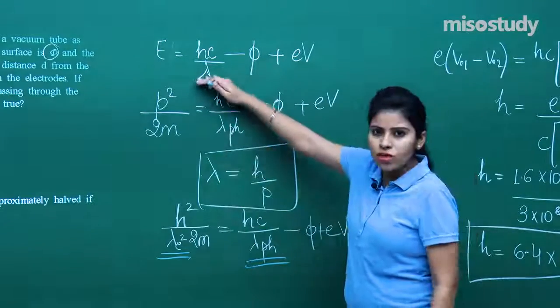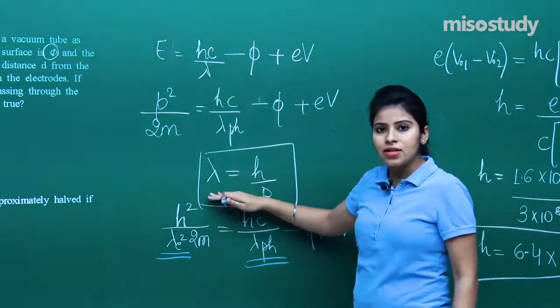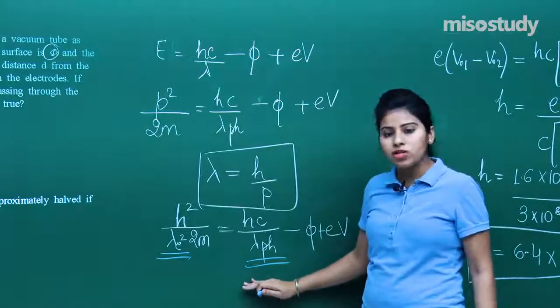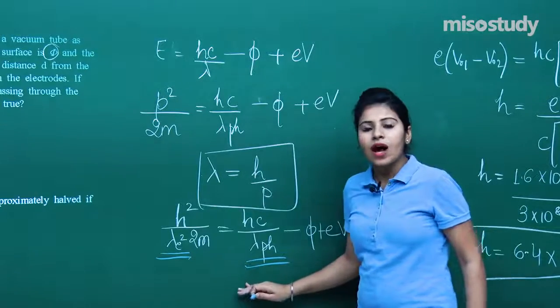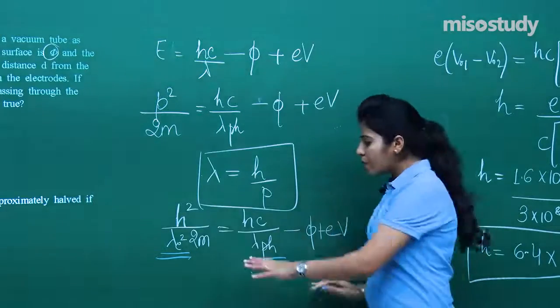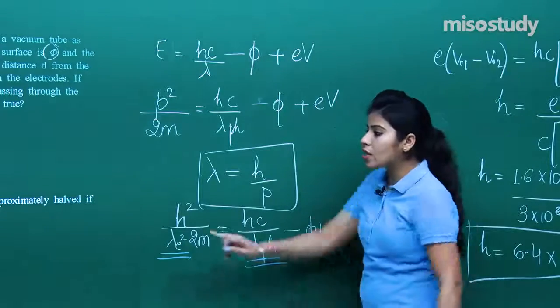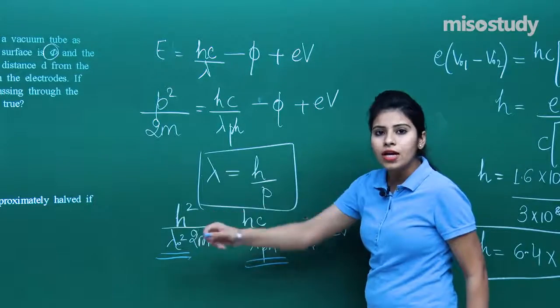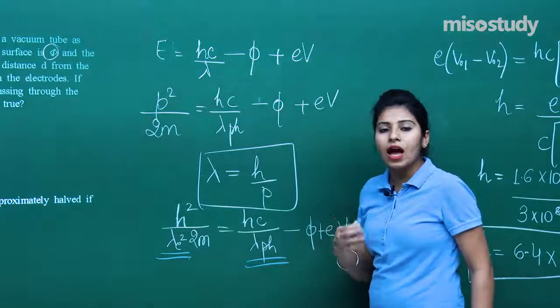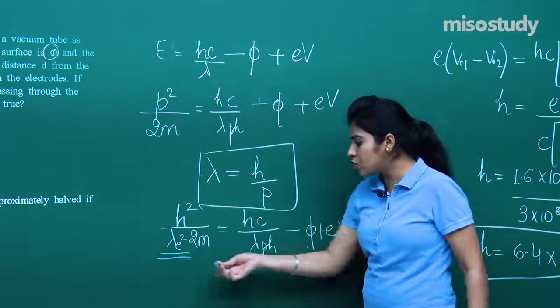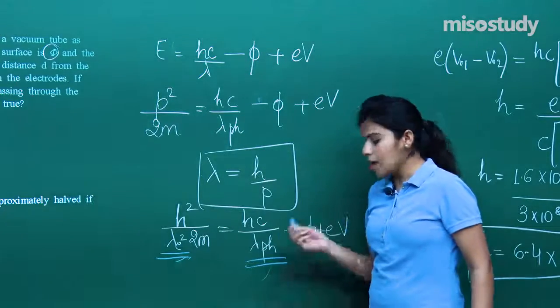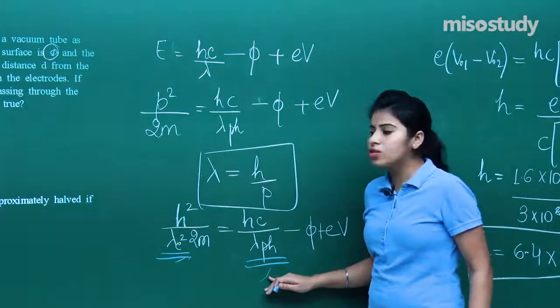Suppose we started with this, now I have applied this, now I have this equation, and now we are going to solve it. We have reached up to here because in the question I was able to see that there was a relation. They are asking us to find a relation between lambda e and lambda ph. So we have reached up to here.